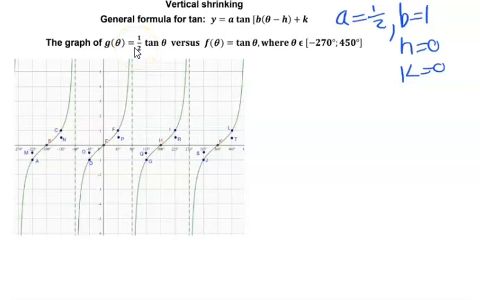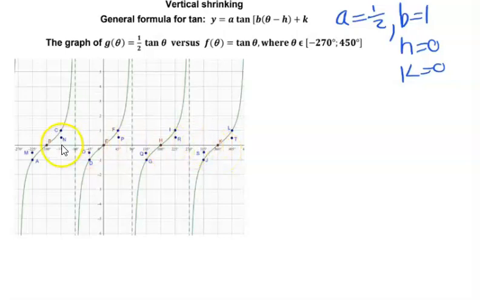So if I look at the points B, E, H, and K there, I see all of them are 0. If I take 0 and divide by 2, then I will get 0, 0, 0, 0.